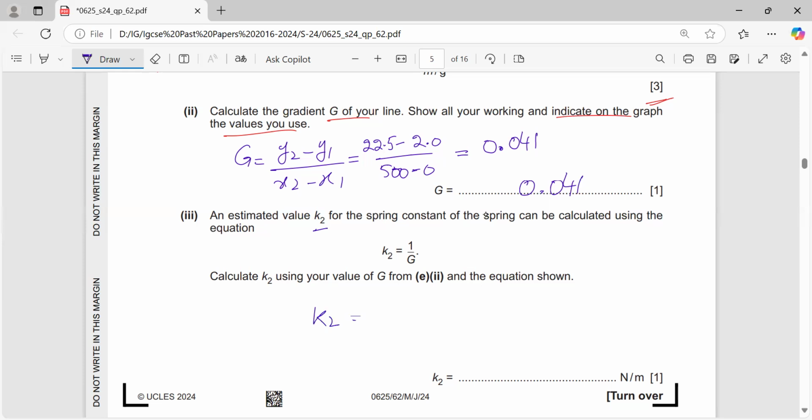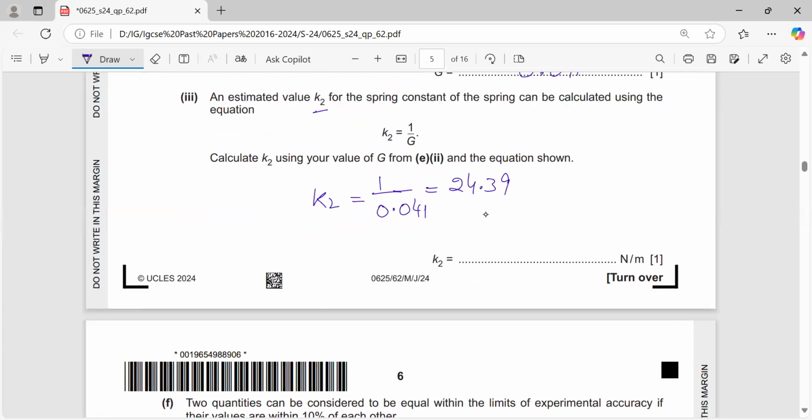So the value of K2 is 1 divided by 0.041, which is 24.39. I will write 24.4 Newton per meter.